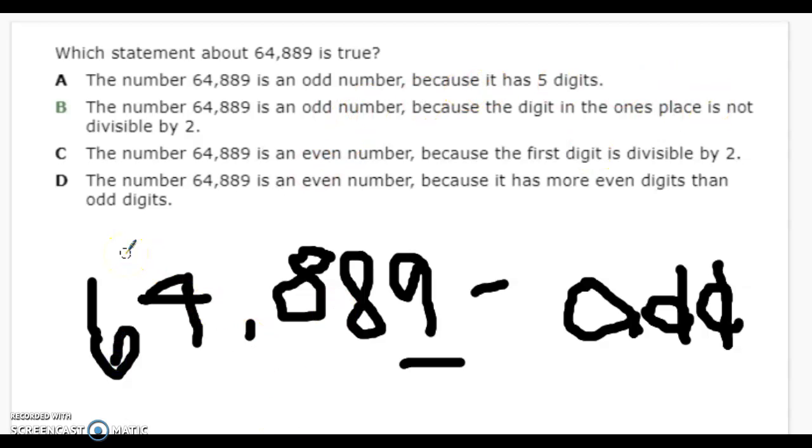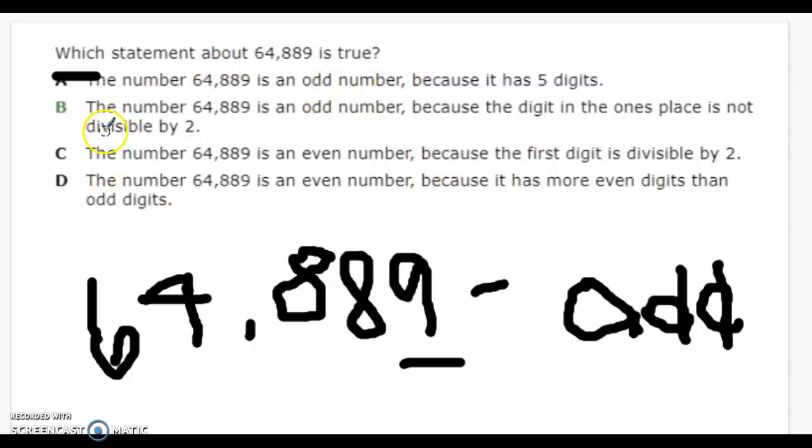Even if it had 4 digits, it would be an odd number. So that is wrong. And when you have word problems like this, or you have questions like this, it is so important that you read the whole thing, because they put 64,889 is an odd number as the first answer choice, because so many students are going to see that it says odd number, choose it, and be done.